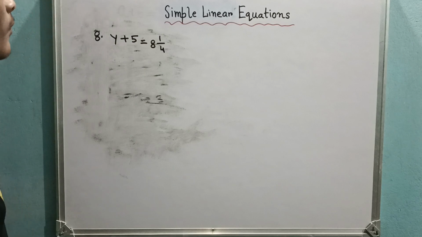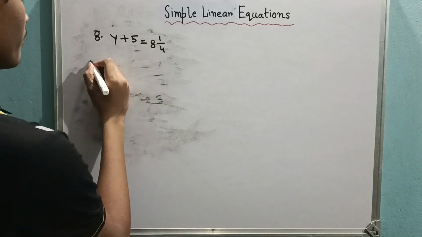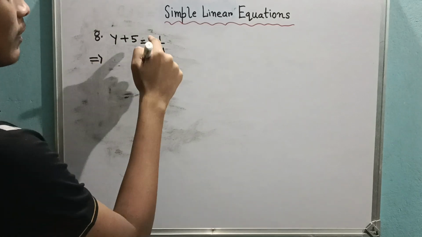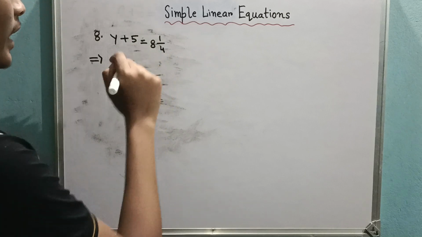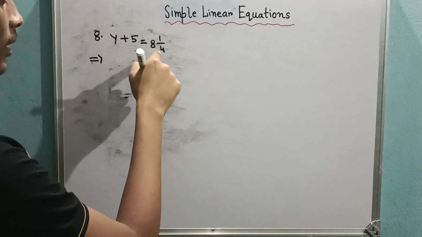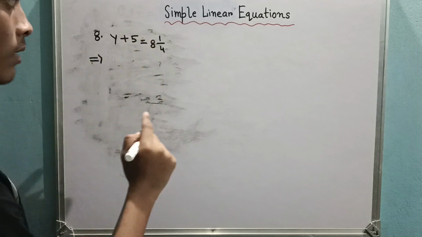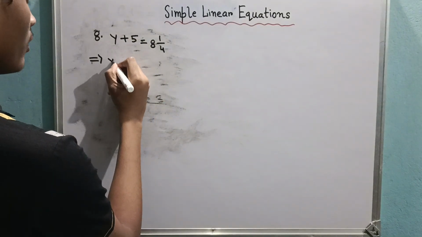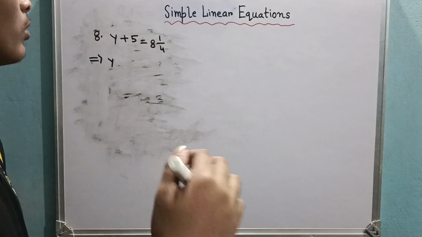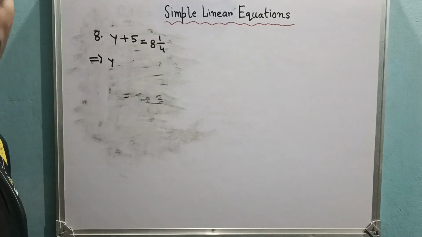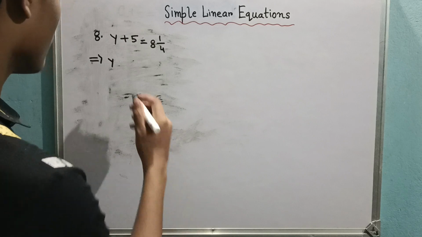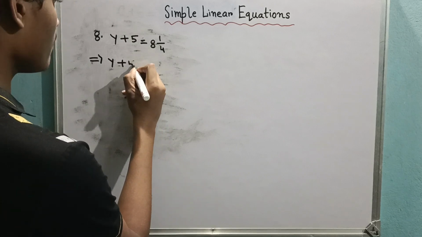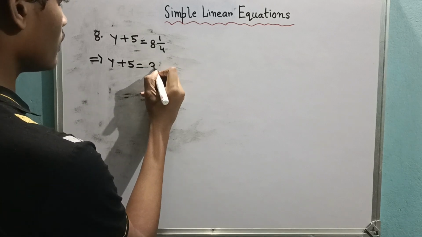Okay guys, so here first let's simplify this one. 8 whole 1 by 4 means 4 eights are 32 plus 1 is 33 divided by 4. You already know how to convert mixed fractions to normal fractions. We have learned this in class 5 and 6. So here y plus 5 will be equal to 33 by 4.